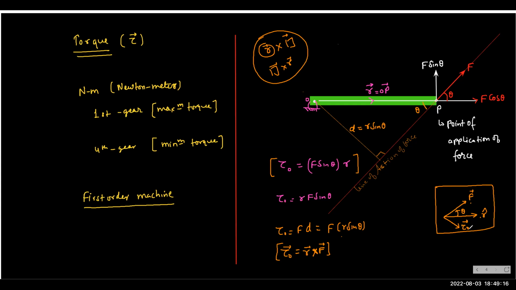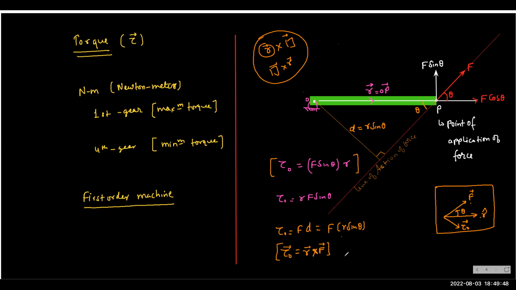So the direction of torque gives you the axis about which the turning effect will be produced. The direction of torque is not the direction in which the body will turn. These are called axial vectors. A vector which is defined by cross product is generally an axial vector, not always. The property of an axial vector is that it doesn't have a beginning or an end.